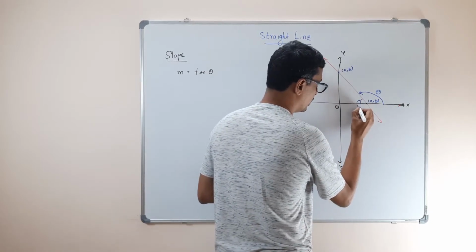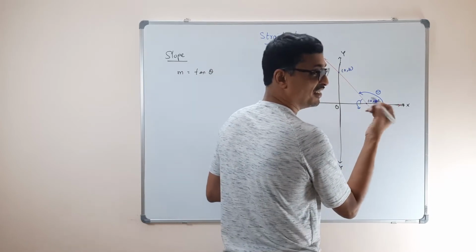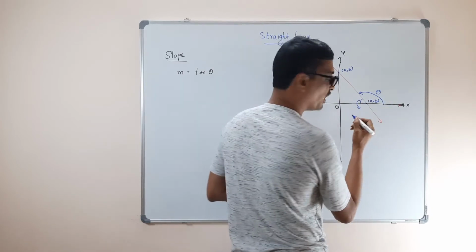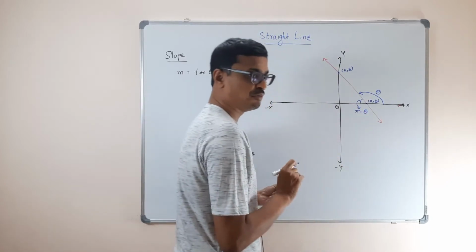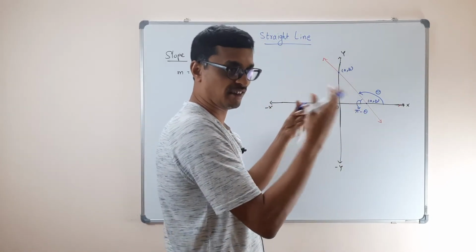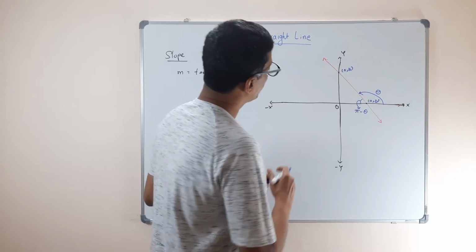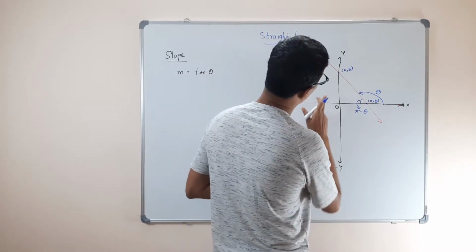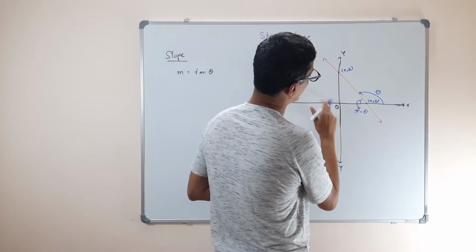So what will be this angle? Tell me. 180 minus theta. Pi minus theta. We will use radians, though we can use 180 also. In radians it is pi minus theta, as in the trigonometry we learned with the pi formulas. So now tell me, what is this distance? b.